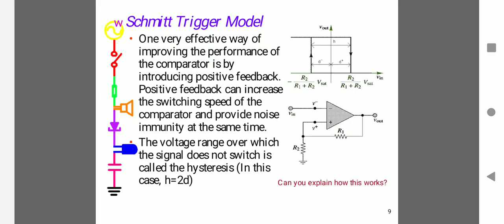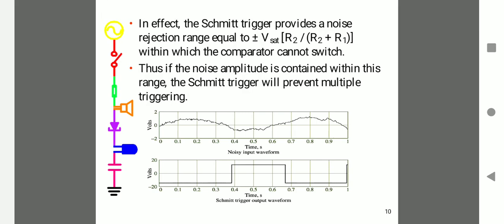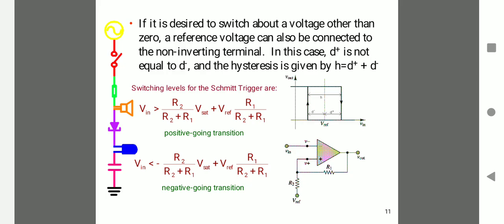The voltage range over which the output does not switch is called the hysteresis. Here the positive voltage fed back to the positive terminal becomes higher and higher until the circuit is driven to positive saturation.